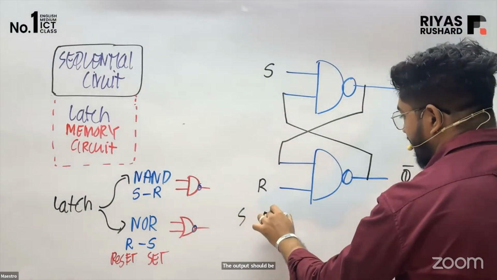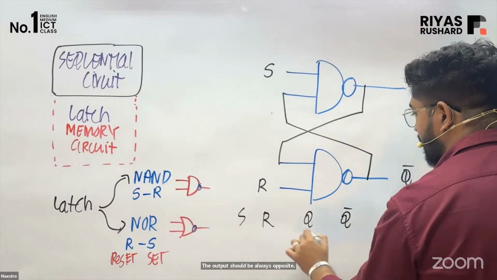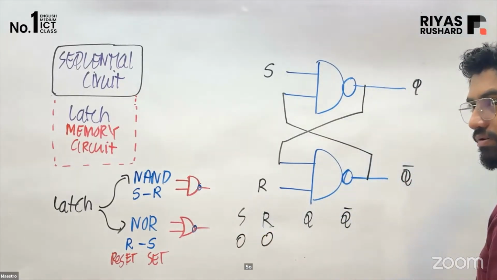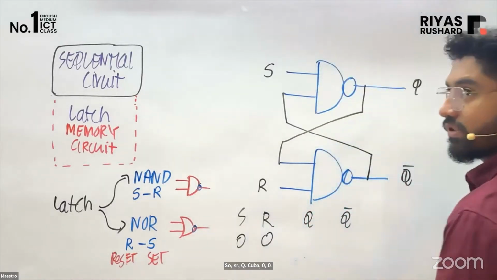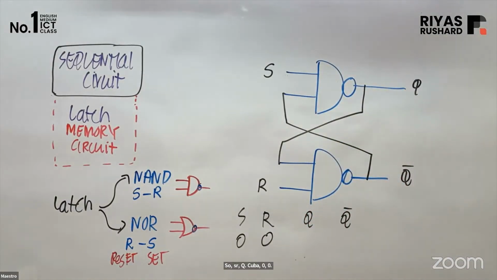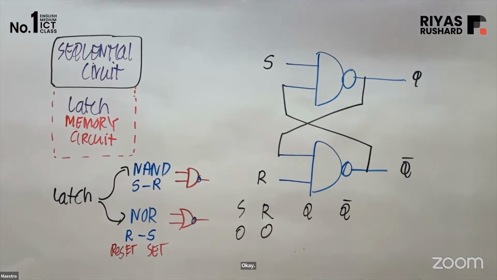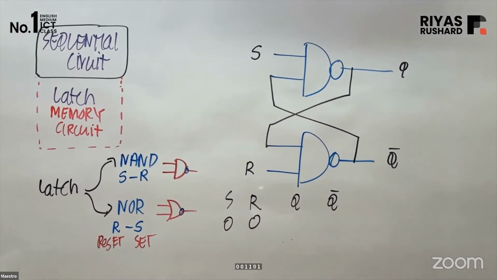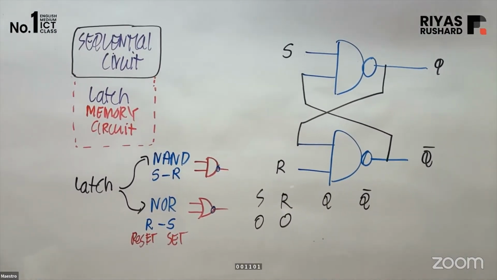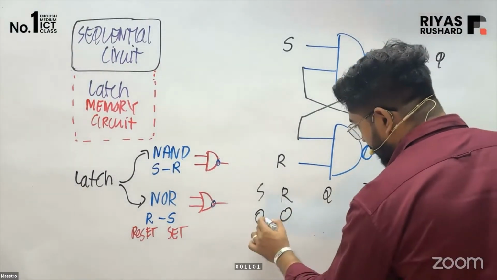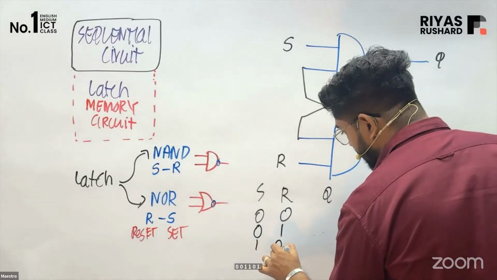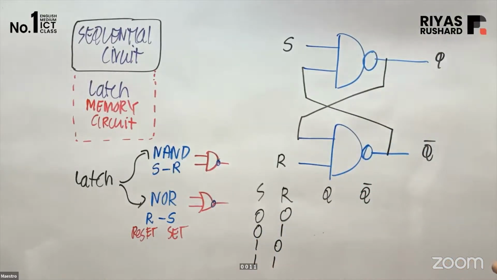So S R Q Q bar: 0 0, 0 1, 1 0, 1 1. So we are going to do it for this.